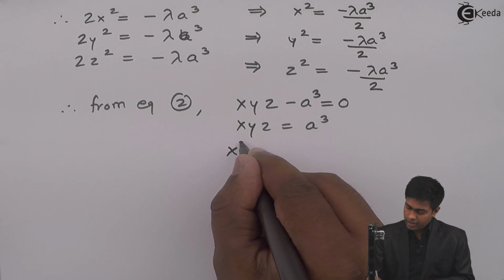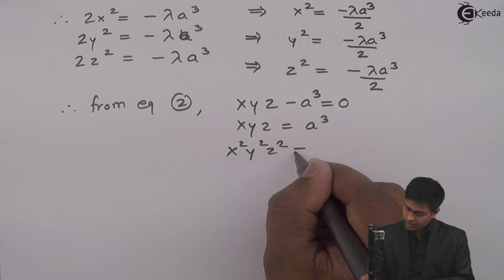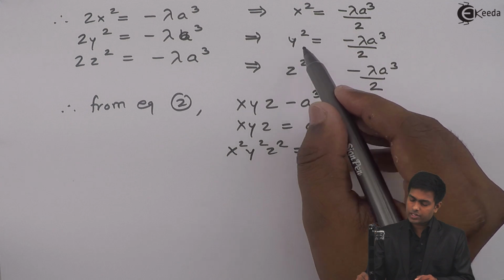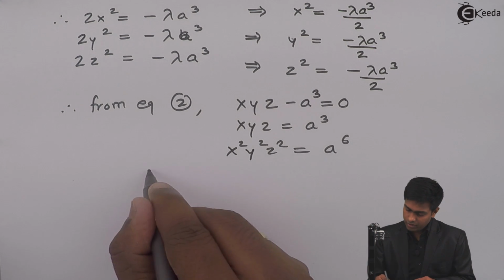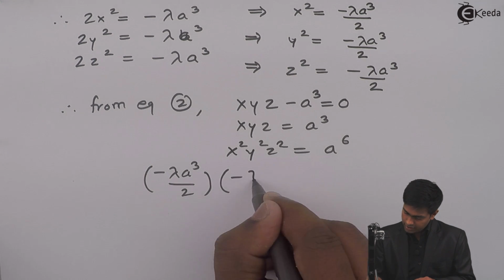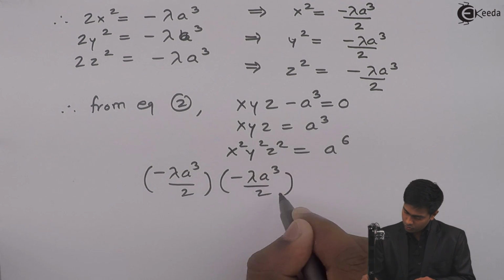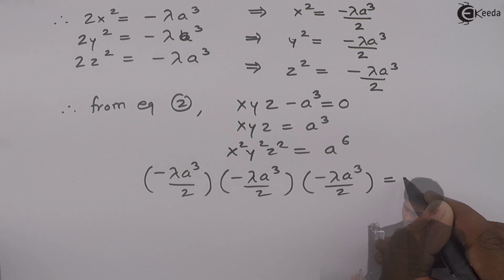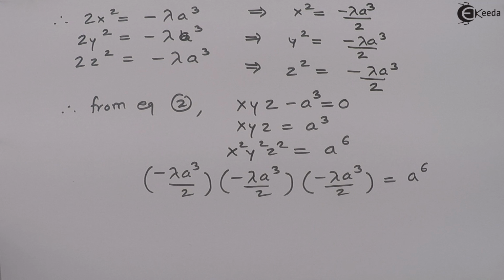So here we will get x square y square z square is equal to a raised to 6, and now we will substitute the values of x square, y square, z square. So here we will get minus lambda a cube upon 2, minus lambda a cube upon 2 and minus lambda a cube upon 2 is equal to a raised to 6.